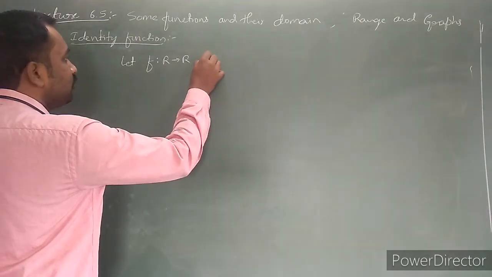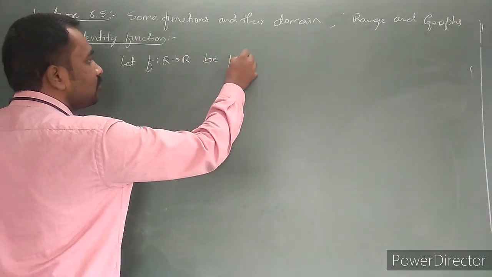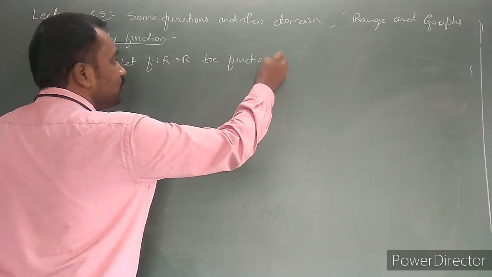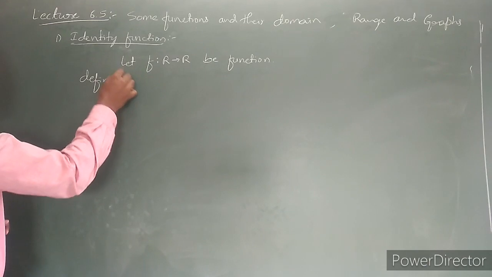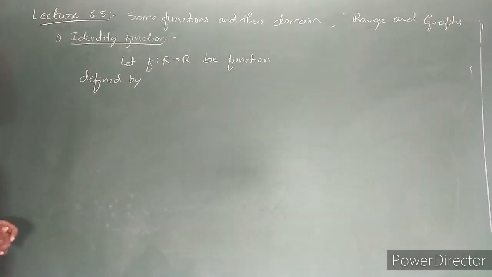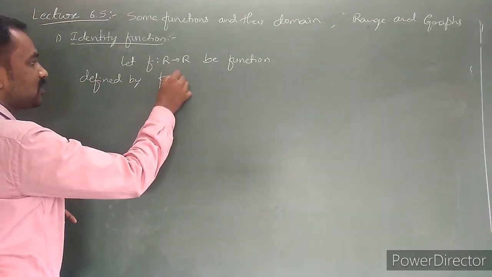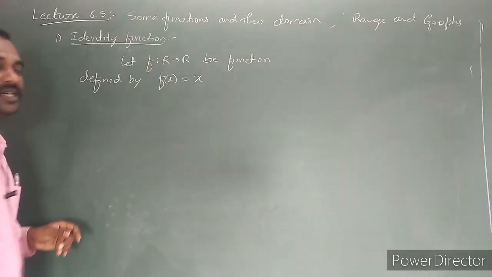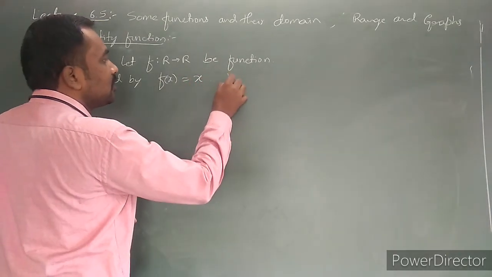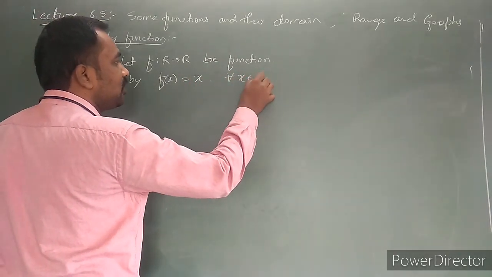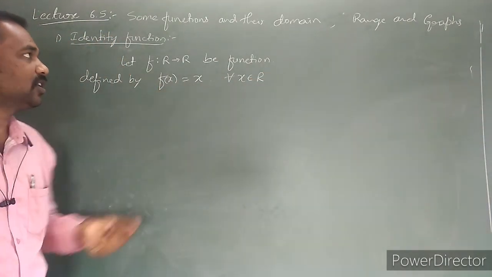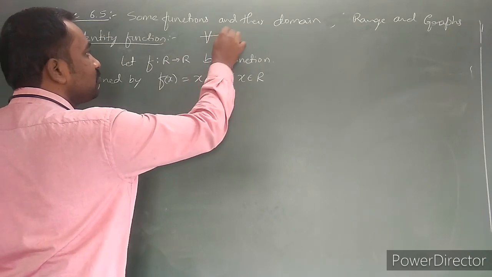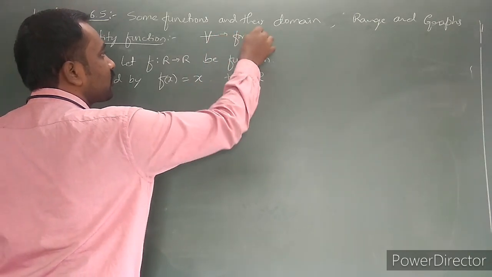Let f be a real function defined by f of x is equal to x, for all x belonging to the domain set. This is the symbol for all.